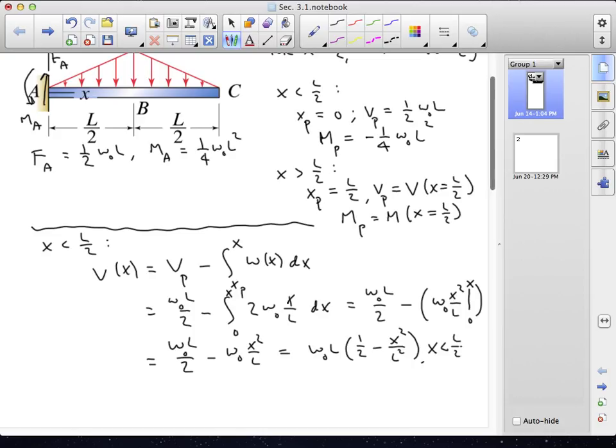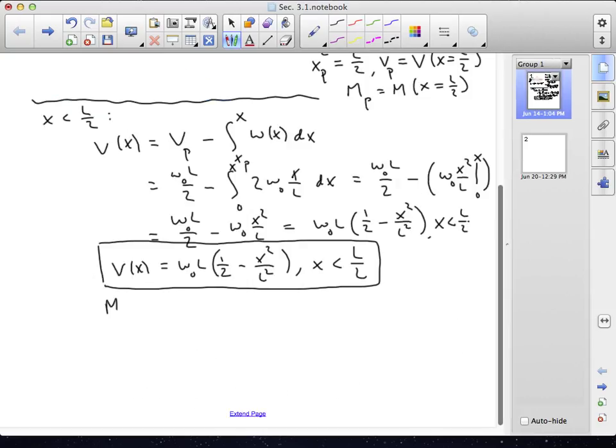So this is precisely the result that we had previously: V of x is equal to w0L times the quantity 1/2 minus x squared over L squared for x less than L over 2.